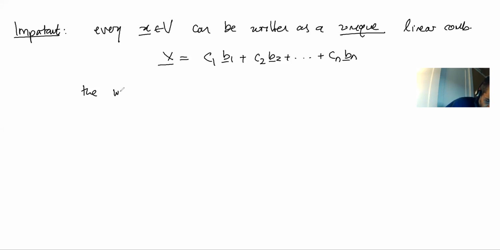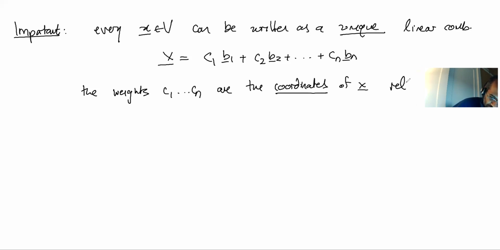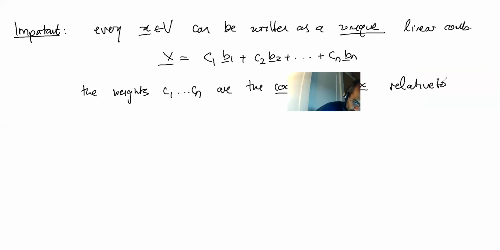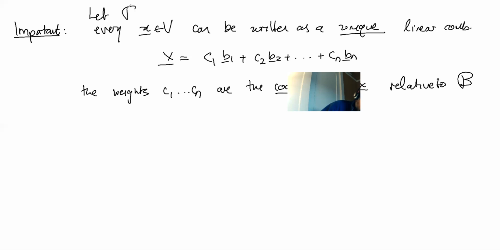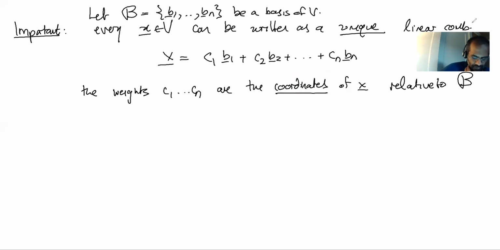So, coordinates of X relative to B. So it depends on the basis. So okay, I'm going to use script B to talk about this basis, right? So let script B be a basis of V. And then now these are just numbers, right?